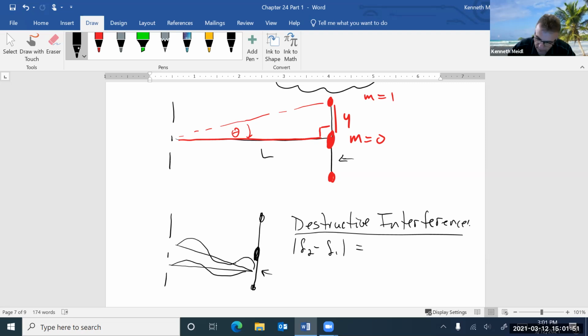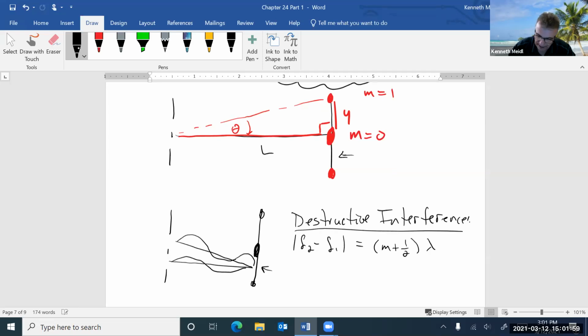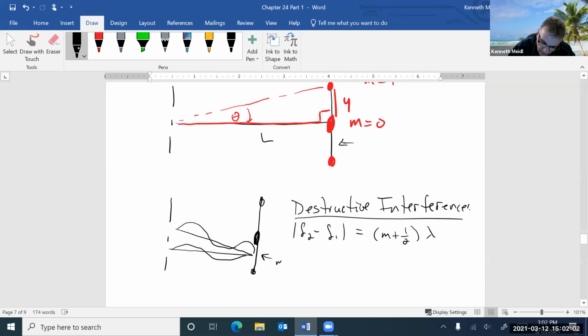And so we want to count them exactly the same way. So this right here is m equals 0. And when I put in m equals 0 here plus 1/2, this tells me that the path difference is a half of a wave.